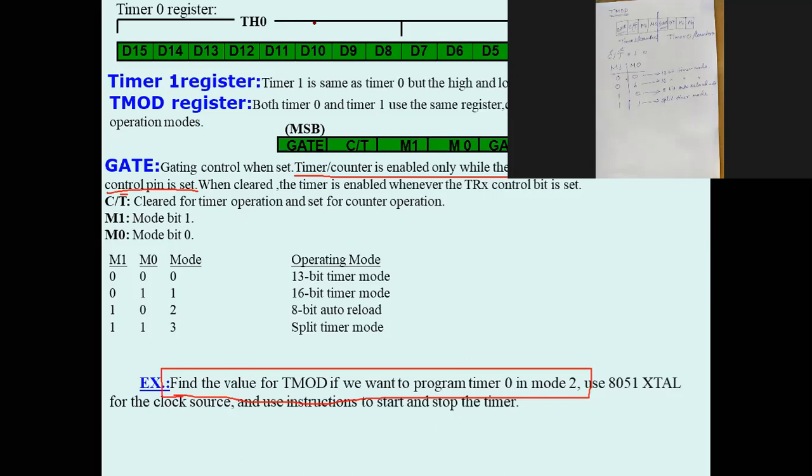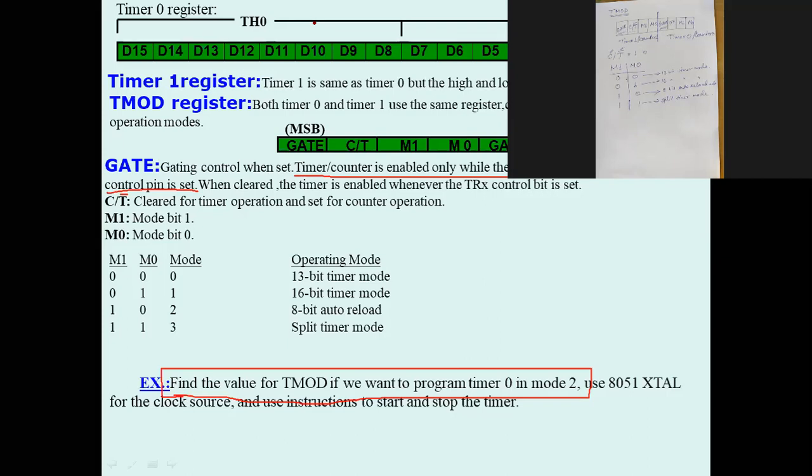No. Why is C/T bar 1? Where are the others? Ayushi, Priya, tell me. Yes, sir.